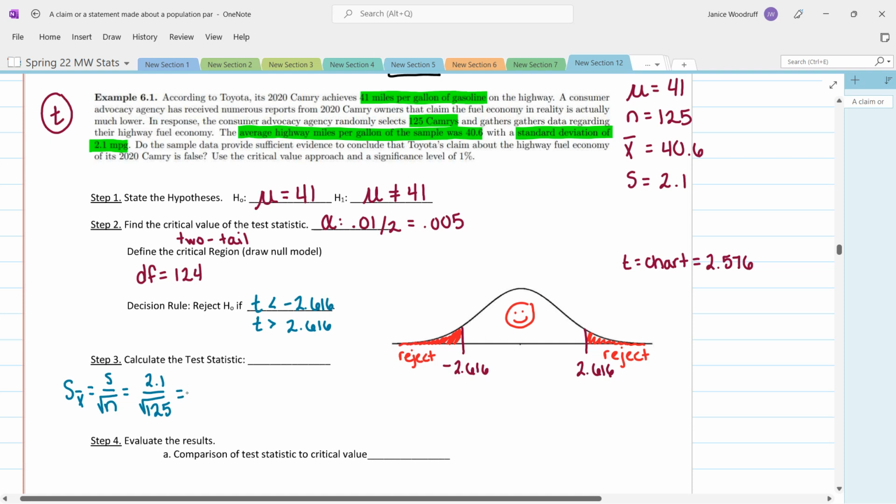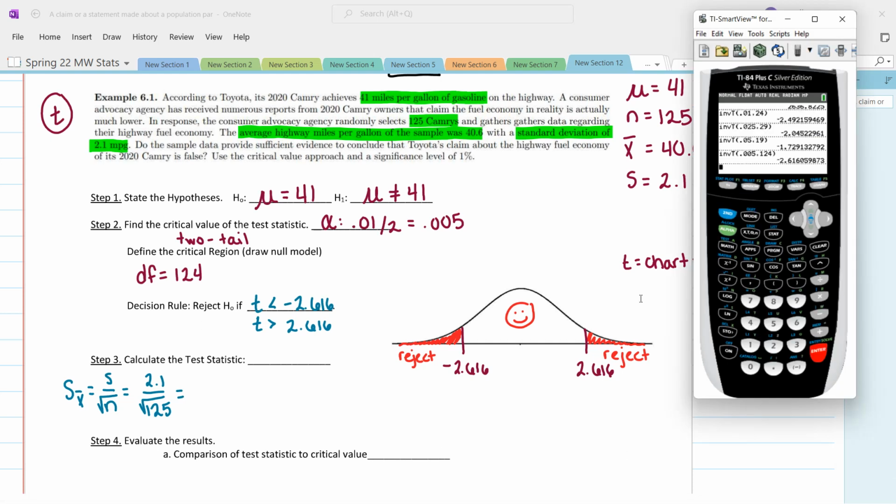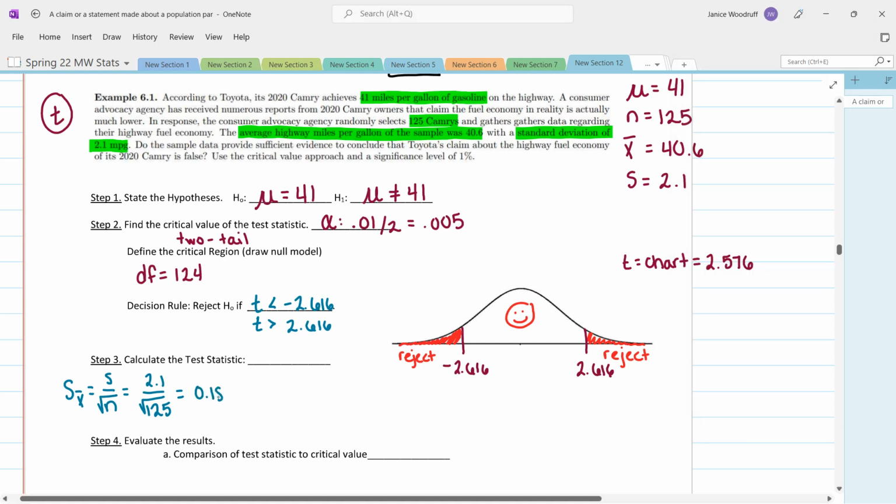So 2.1 divided by the square root of 125. That is going to give us 0.1878. Okay, so that's the first thing.